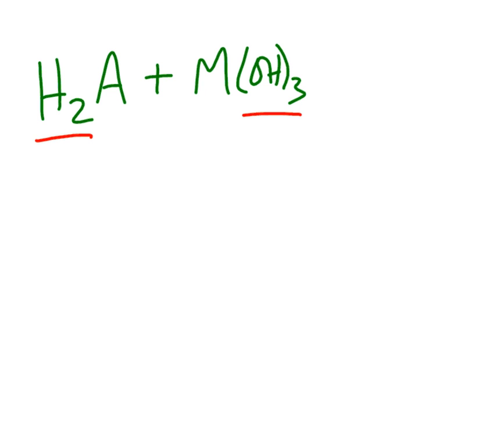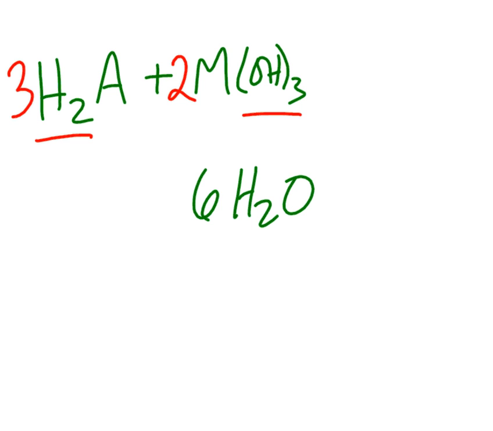What you can do is work everything out, and I would go 6 waters, because it's the lowest common multiple between the 2 of them. If I go 6 waters, that means I would need 2 of these and I would need 3 of these. When you balance your equation, make sure there's 2 of your metals on the product side, and there's 2 of the rest of your acid on the other side.